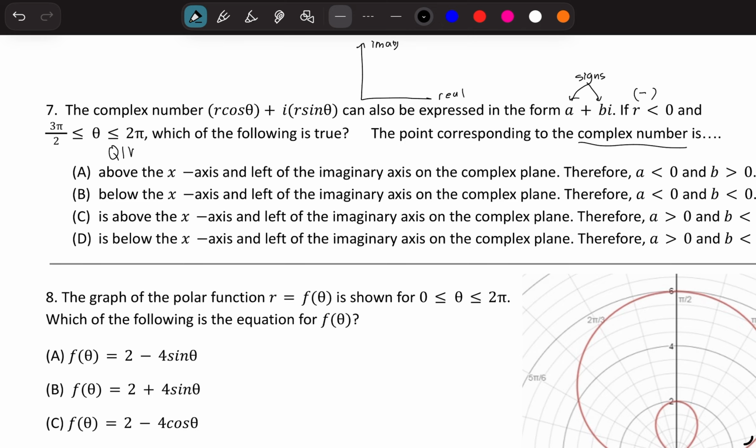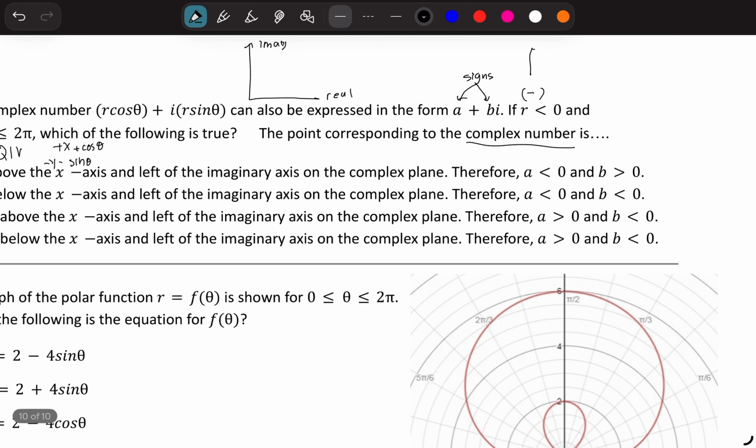In Q4, you have a positive x and a negative sine theta, negative y. Because we know that r has to be negative, that means we multiply the positive and negative trig values by a negative r.